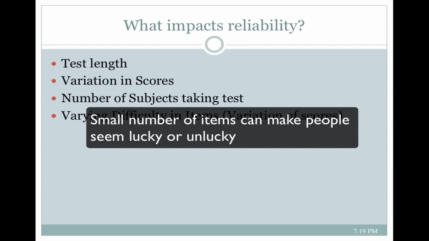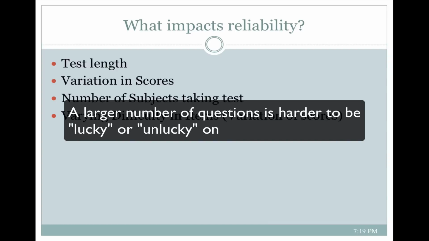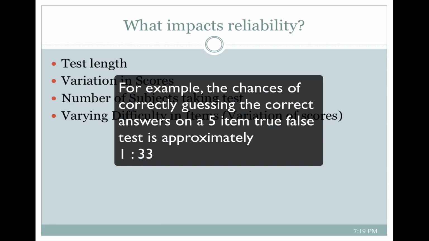If you ask a person 3 questions about their knowledge of a particular topic, you could get lucky. You could ask 3 questions that they know, and they'll come out and look as though they're quite knowledgeable. On the other hand, if you happen to ask 3 questions about topics that they're not particularly familiar with, they will wind up looking less knowledgeable than they really are.